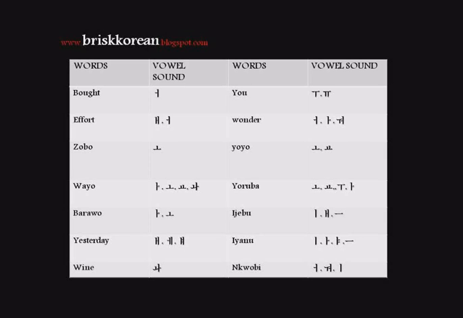In Ijebu, we have i, e, and u sounds. Iyanu, you have the i, a, ya, and the u sounds. Okay, in Nkwobi, you have the o, the wa, and the i sounds.